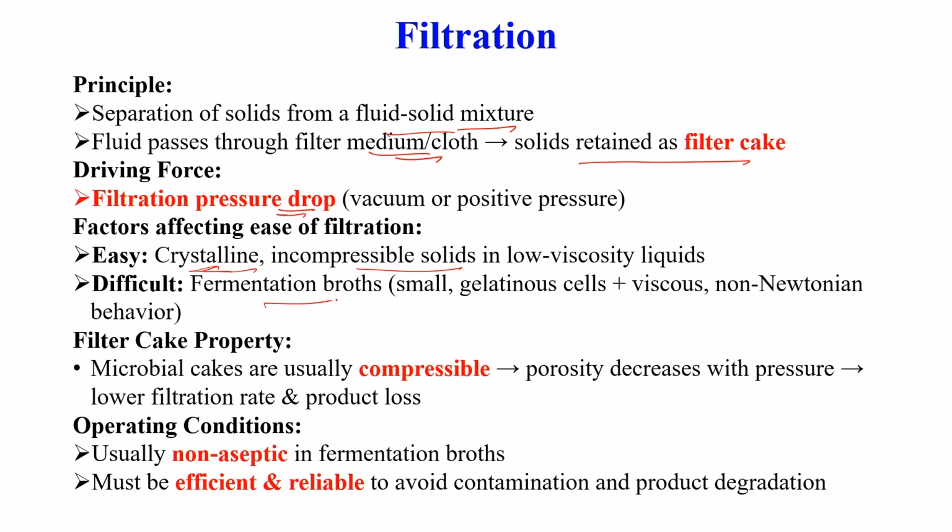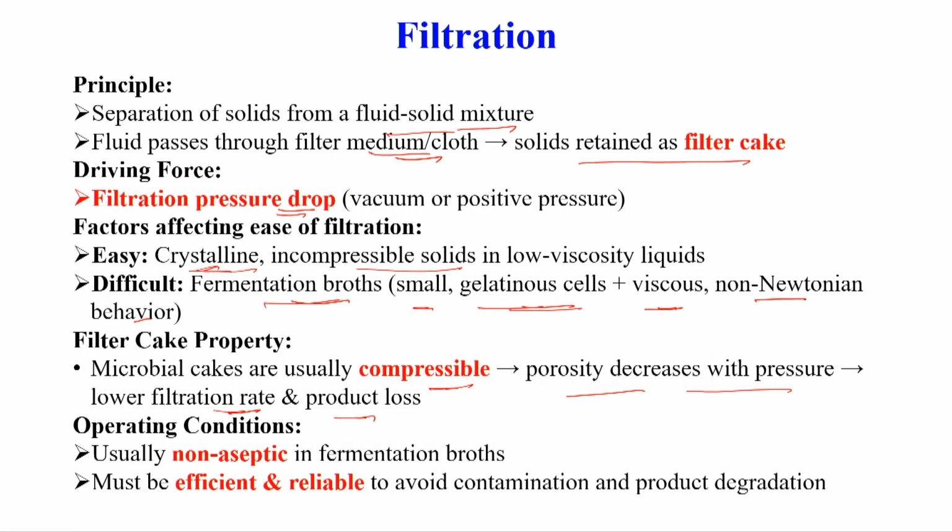But if the fermentation broth has small gelatinous cells or is a viscous or non-Newtonian fluid, it is difficult to filter. Filter cake property: typically the microbial cakes are compressible, and the porosity decreases with pressure, which generally results in a lower filtration rate and product loss.